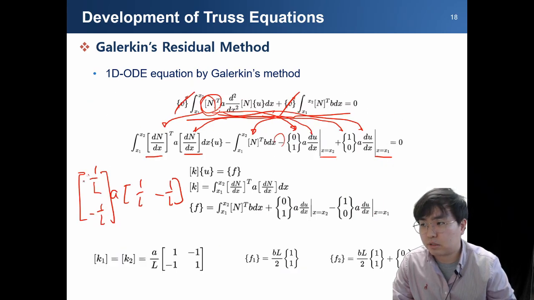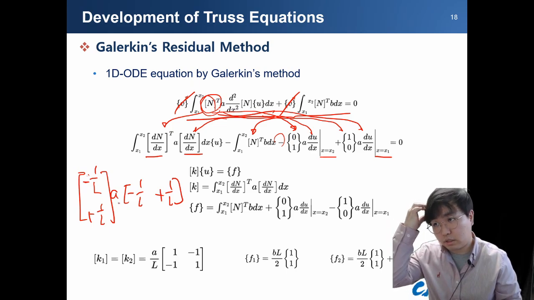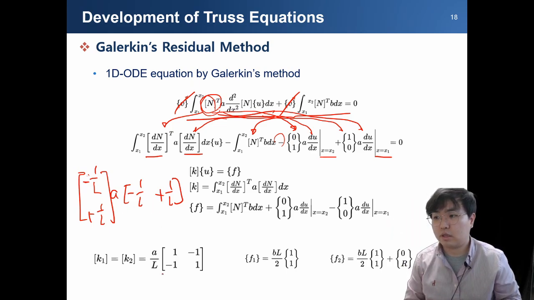Sorry, this part minus, this part plus, and then this multiplication becomes 1 over L squared, with 1, minus 1, minus 1 and 1, and there is no function of x, so you can obtain the L here.